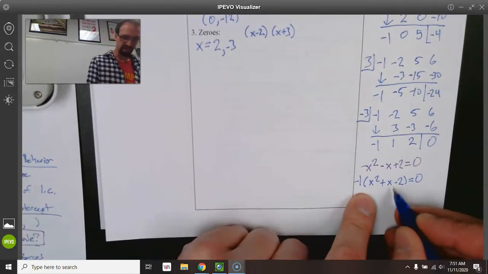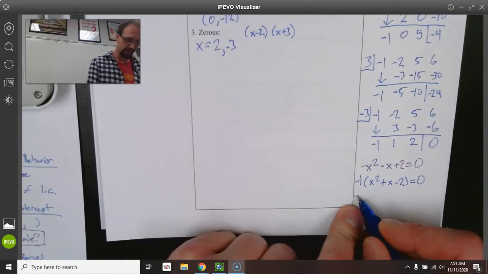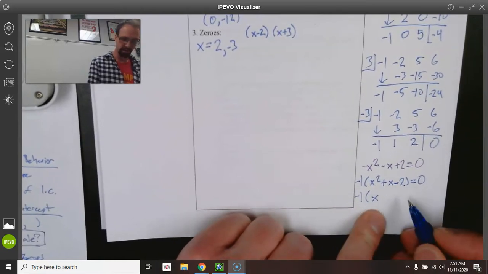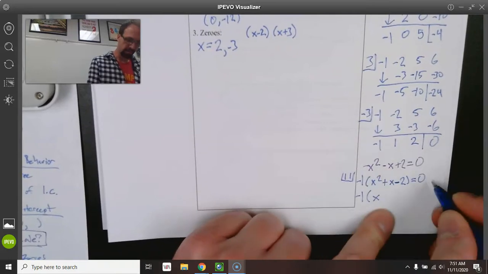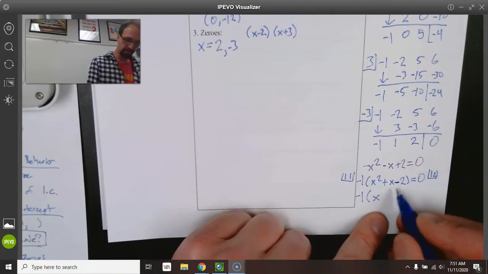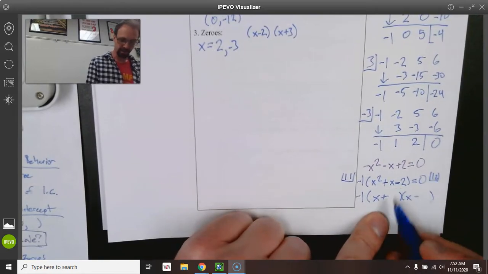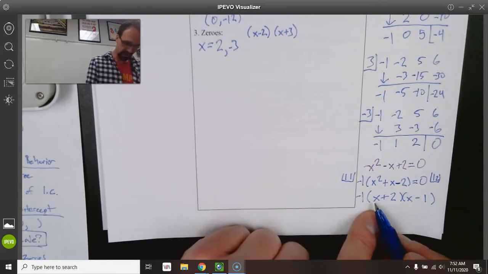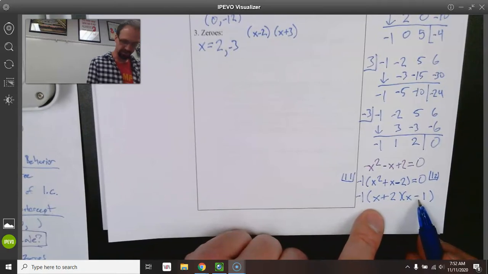So I'm going to check to see if I can factor this to get this to be nice. Factor out the negative 1. If I factor this with the negative 2 and the 1, that would be 1 and 1, 1 and 2. I know the signs would have to be positive and negative. So here, that's plus 2 and that's minus 1. Let's check that, see if that works. So here I have x plus 2 times x minus 1.